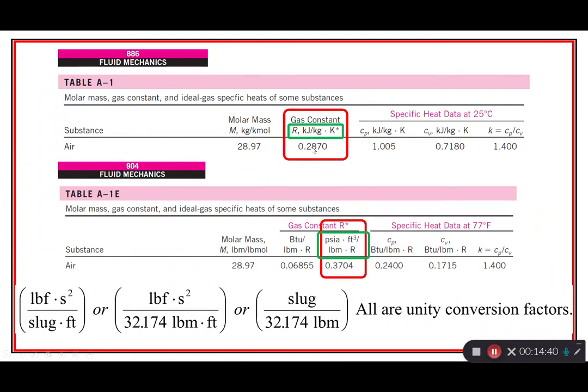I'm sorry, right here, 0.3704. I'm going to write down here PSIA, and maybe I'm going to write that out as pound per square inch, foot cubed divided by pound mass degree Rankine.